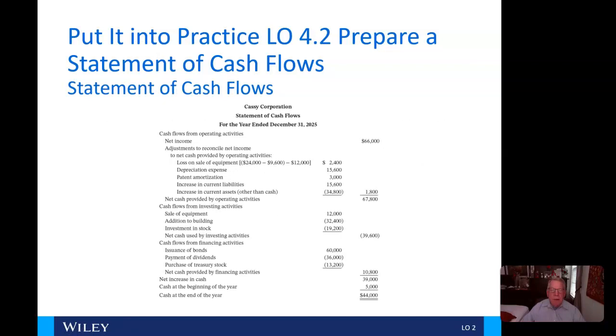So now our statement of cash flows looks like this. We have our net income. We had a loss on the sale of that equipment. That's the difference between what we received and what our book value was. Our book value minus what we received, we were short by 2,400, so that's a loss. We'll add that back.